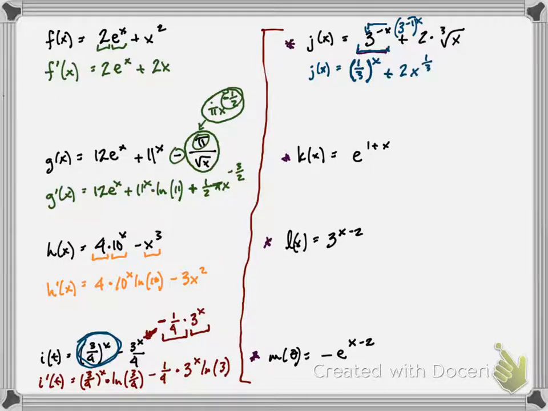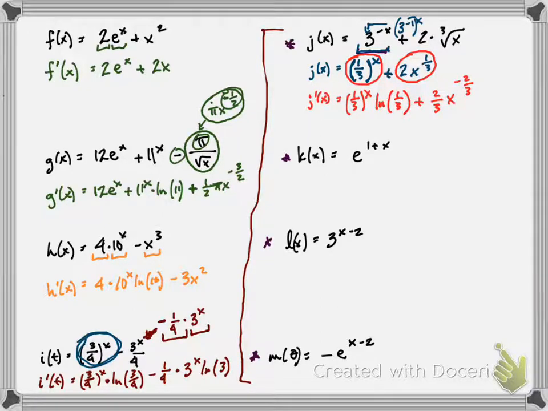So let me change colors. J prime of x then would be 1 over 3 to the x times the natural log of 1 over 3. And then we've got plus 2 over 3 x to the negative 2/3. So this piece was your first shortcut rule that you learned last week, and this piece is your second shortcut rule, exponentials.